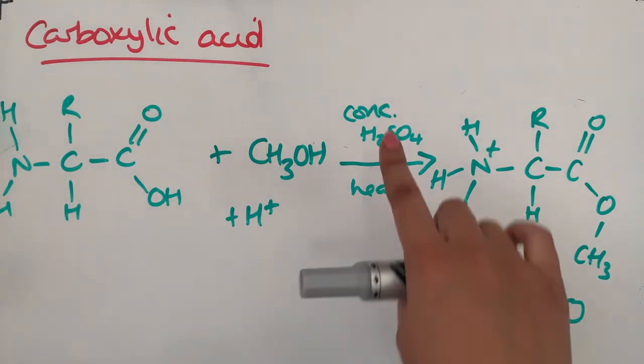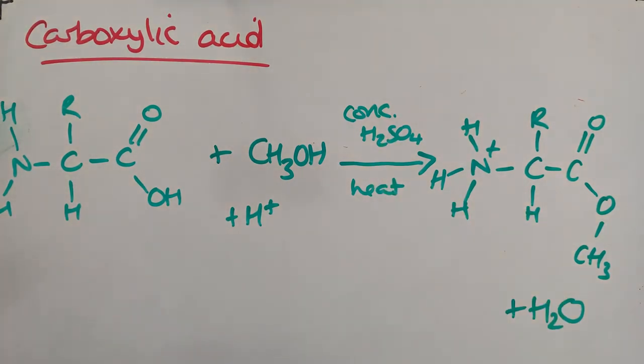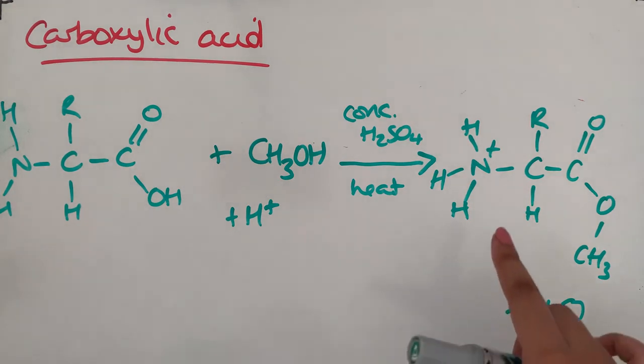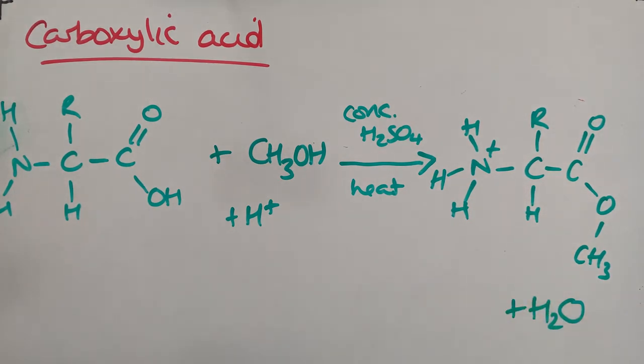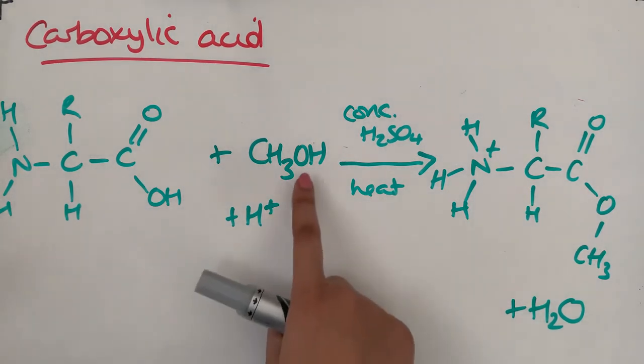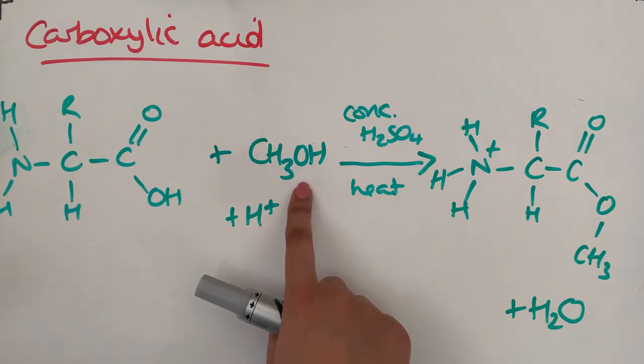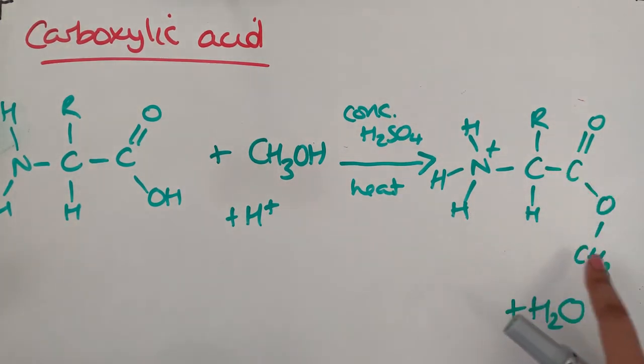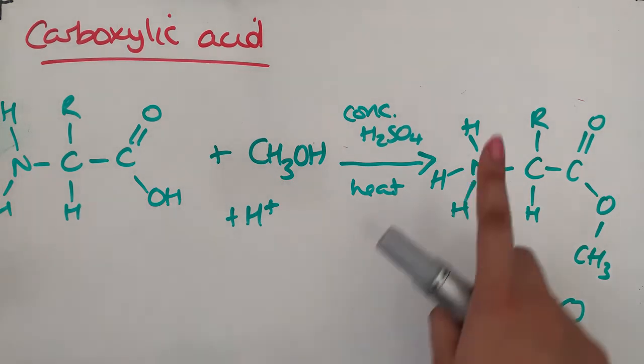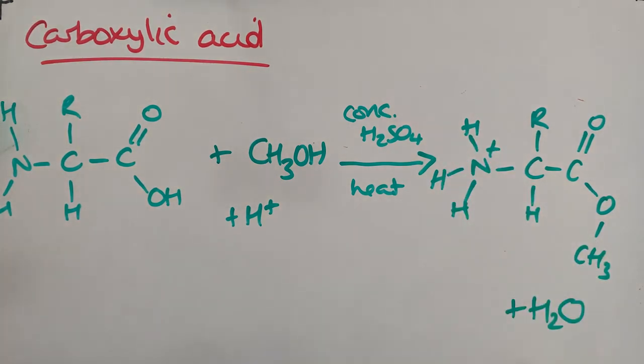Some of that acid will take part in the reaction to protonate the amine group of our amino acid, like that. Okay, so amino acids react with alcohols to form an ester at one end, and you also form the ammonium at the other end and a water molecule too.